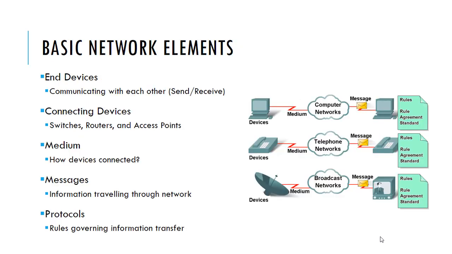The basic network elements are mainly the end devices. These are the communicating devices, the senders and the receivers, the sources and the destinations of information. These are the target of the network to communicate with each other. Other devices exist inside the network as intermediate devices, as connecting devices, such as the switches, the routers, and the access points.